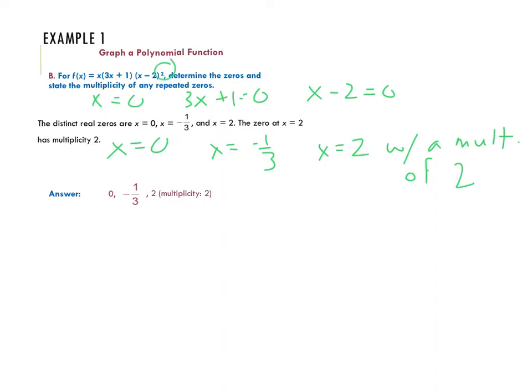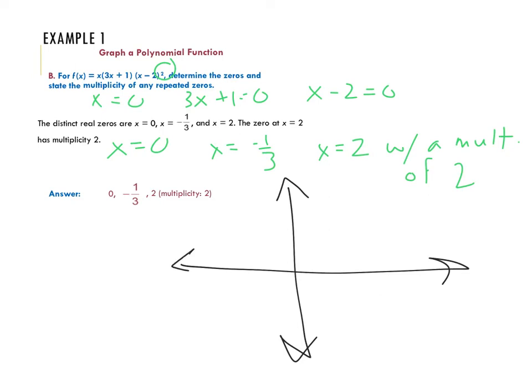Knowing that and knowing my end behavior, I can sketch a graph here. So if I just draw a quick little axis, I know my zeros are going to be at 0, negative 1/3, and 2.